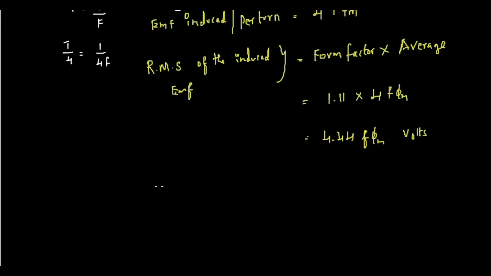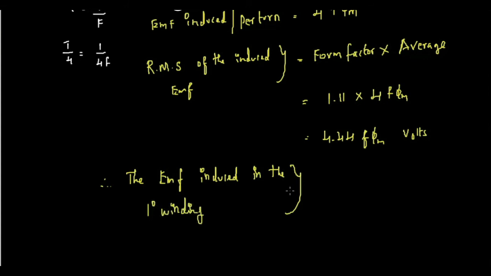Our motive is to find the EMF equation of the transformer. The transformer has two windings, primary and secondary. So the EMF induced in the primary winding is equal to the RMS value and the number of turns in the primary.